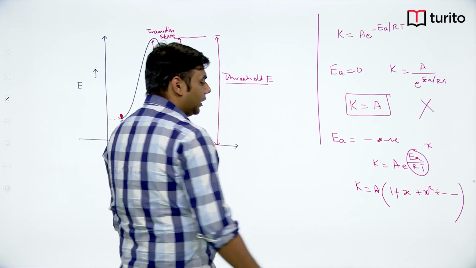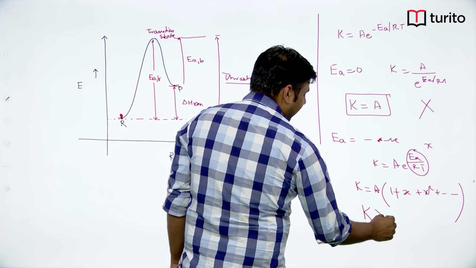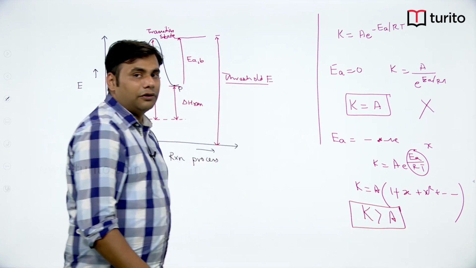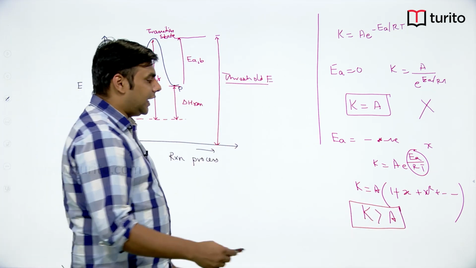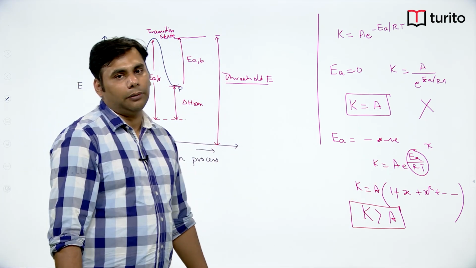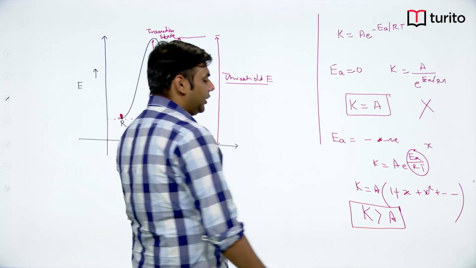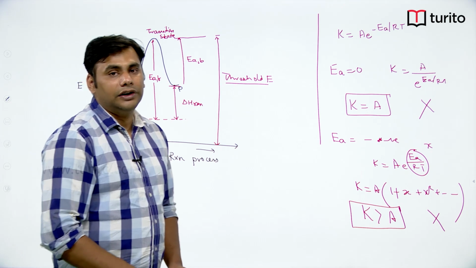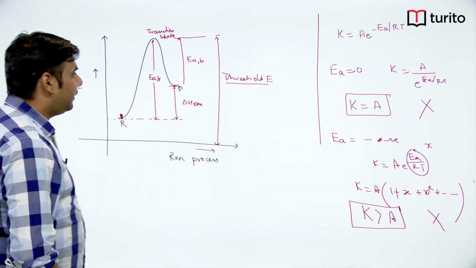So I can make out that k is much greater than A, which is again not possible. A was representing the collisions, so the rate cannot be greater than all the collisions that are happening. Neither can k be equal to A, because then all the collisions would be effective, which is not the case.